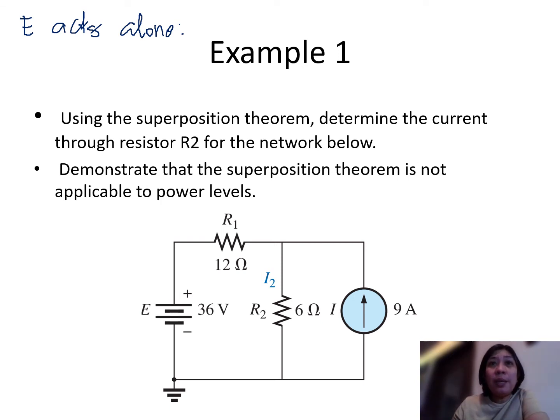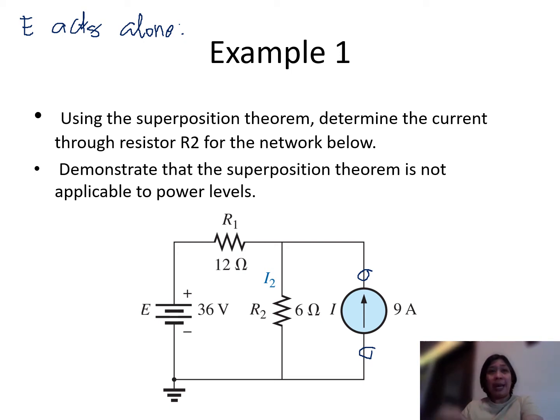We're going to treat the current source as an open circuit. So how do we turn off a current source? We turn off a current source by replacing it with an open circuit. Our circuit is now simplified to this one, which is just a series circuit wherein your R1 is in series with your R2.